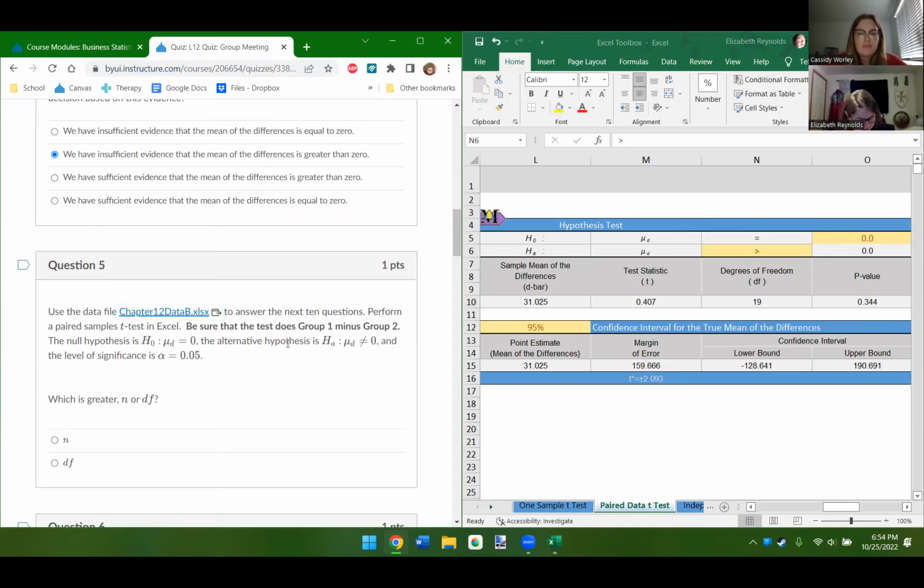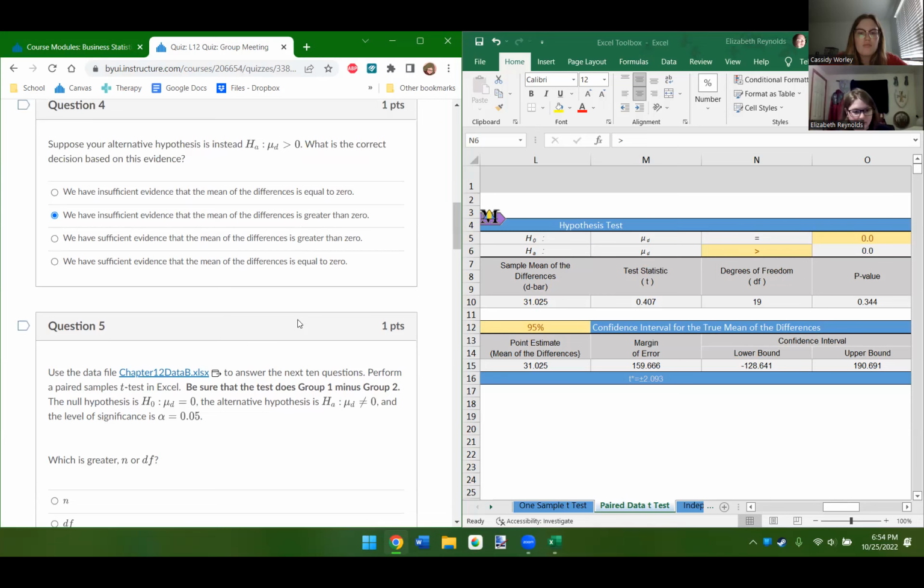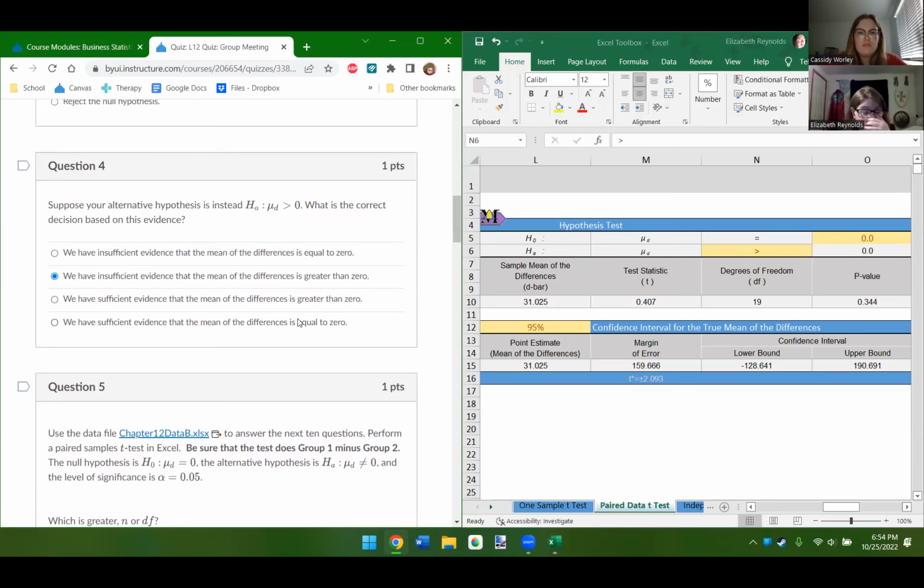Let's see. So if the p-value is less than the level of significance, we reject the null hypothesis, which means that the null was not the correct choice. Well, I thought it meant the null is the right choice.